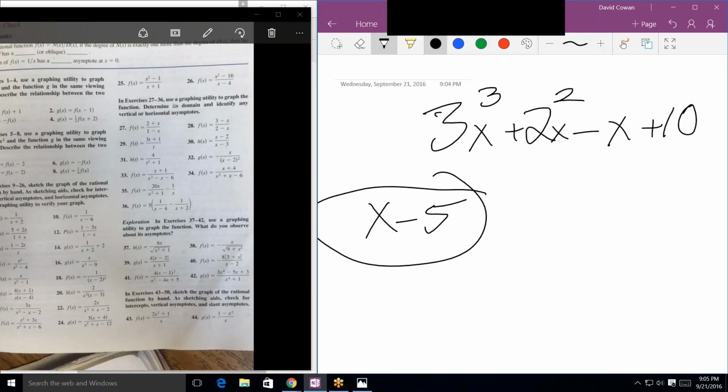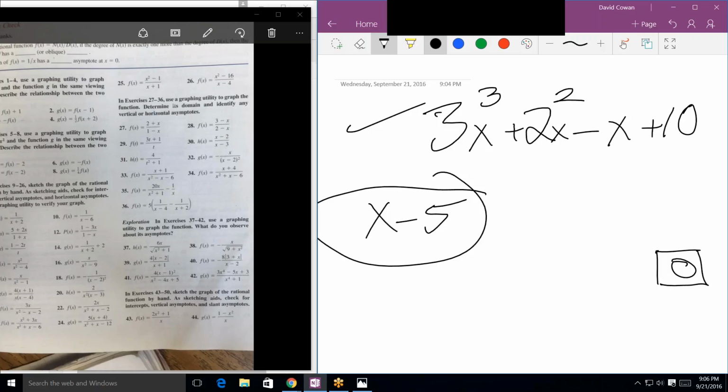Remember that last step in synthetic division is if you get a 0 in that box, it is a 0, and if you get any number other than a 0, it's not a factor. Okay. So all of your factors of this polynomial must produce a 0 remainder when you divide the polynomial by the factor.